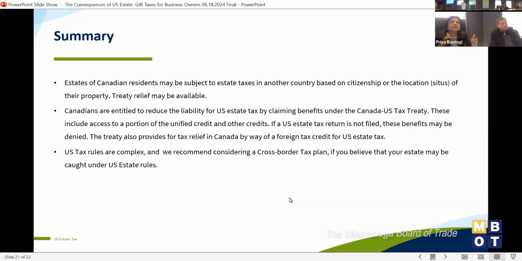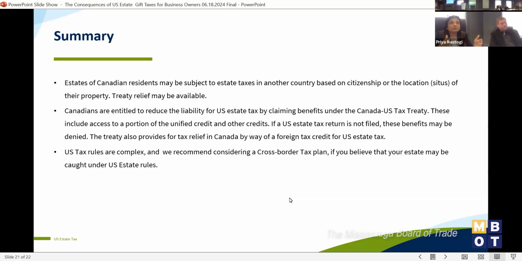And even the foreign tax credit, which Jason also talked about before, would not be accepted by the Canadian government or by CRA because you did not file the return on time, or you couldn't get the exemption, which you would have gotten if you had done the filings with the IRS as per the regulations. As mentioned, the returns are due 9 months after the date of death.